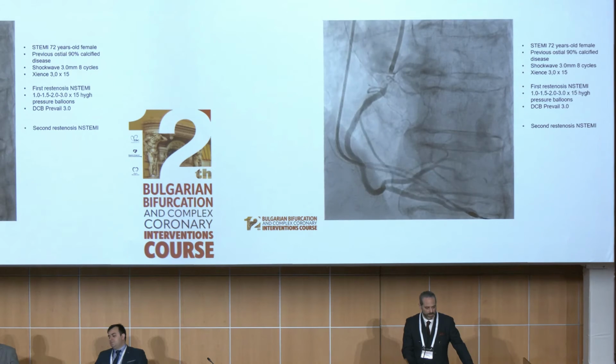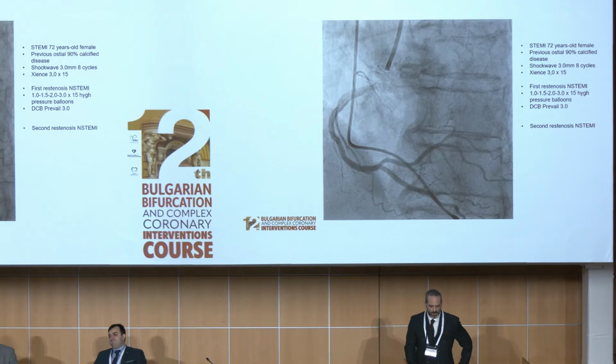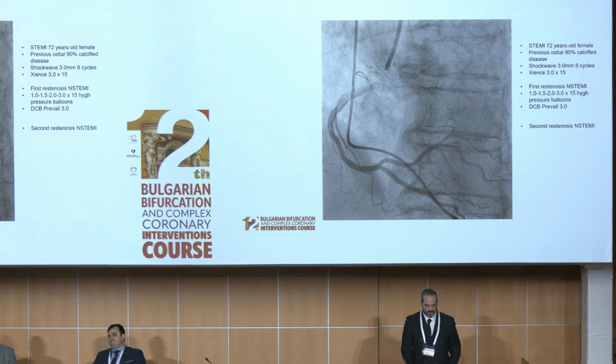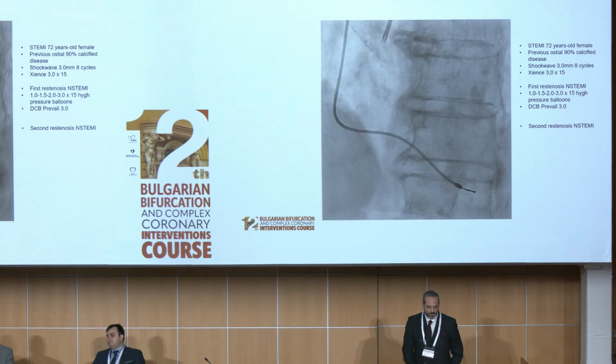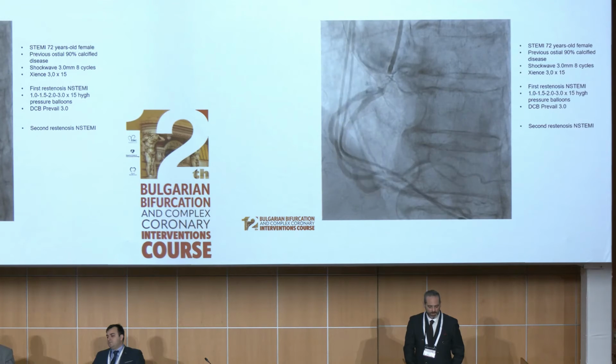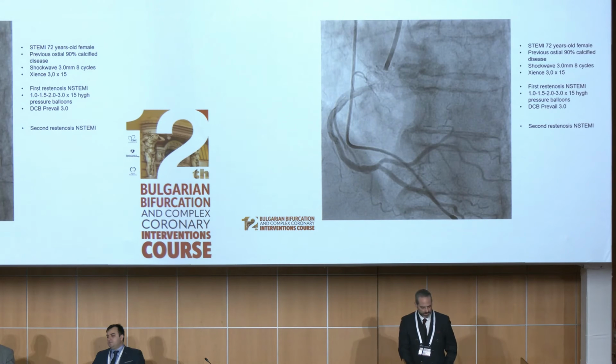This is a STEMI patient with a previous ostial 90% calcified disease. Shockwave was done with 8 cycles of 10 impulses. Then we put a Cyan 3.0. He had the first restenosis and STEMI, very complex to deal with.